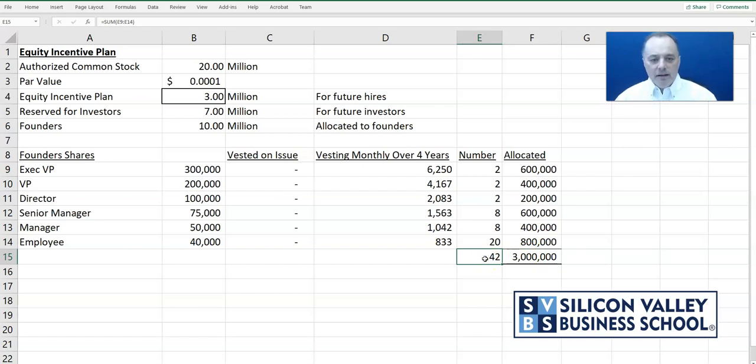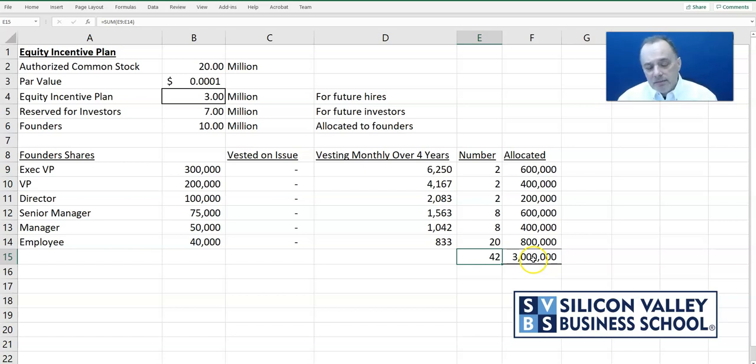Now, once you've hired 42 people and you've used up all those, the equity incentive plan, you can go back to the shareholders and the shareholders may need to go back into the state of Delaware and authorize more shares, but you can get another equity incentive plan for additional employees as they come in.